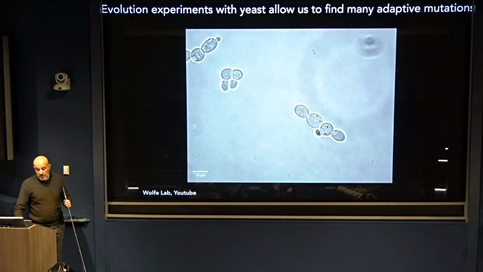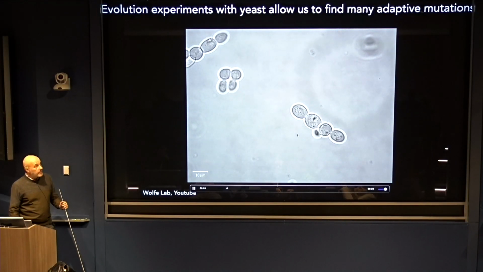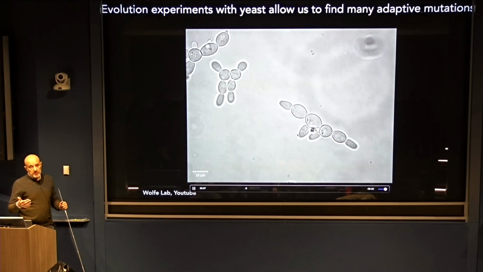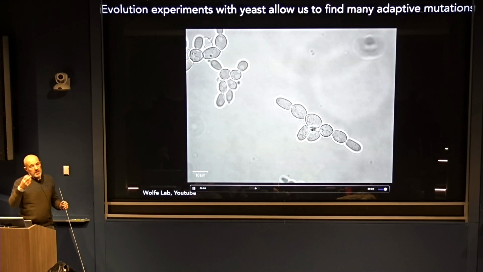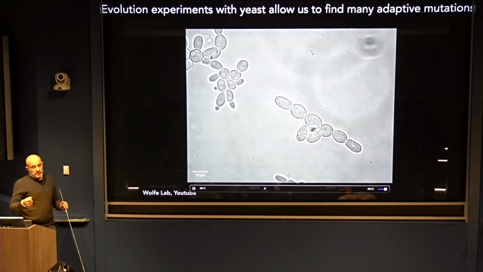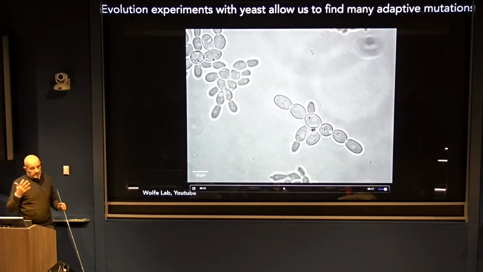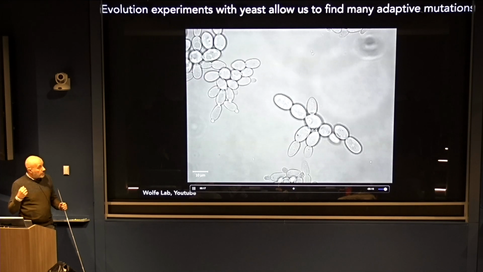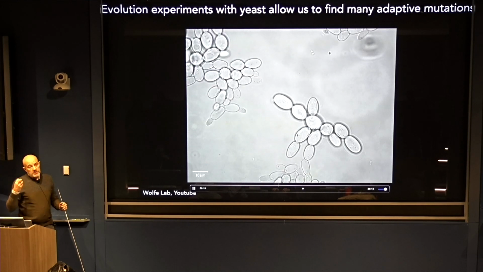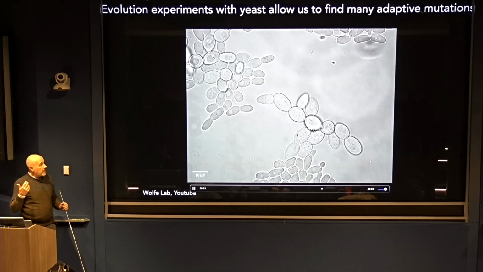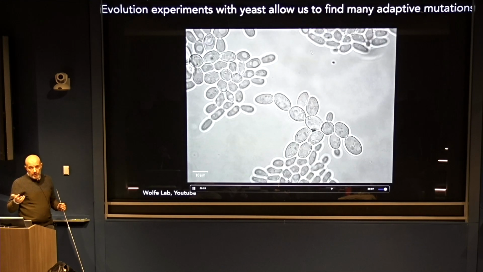And so one way to get at it is to use microbial systems and study evolution in the lab, kind of experimental evolution systems. You can do it with E. coli, like Richard Lenski has done famously. But in our lab, we use yeast. What's great about yeast is that they're microbial, but they're also eukaryotic.